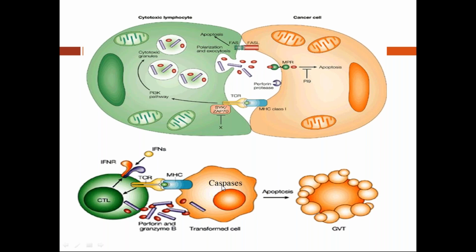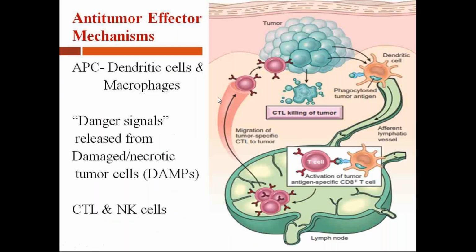So what is this caspase enzyme? Yes, it's an apoptotic enzyme which causes apoptosis of the transformed cell. So that is the mechanism involved in killing of a malignant cell by cytotoxic T lymphocyte. Okay, so have you understood this picture? We'll go to the next.